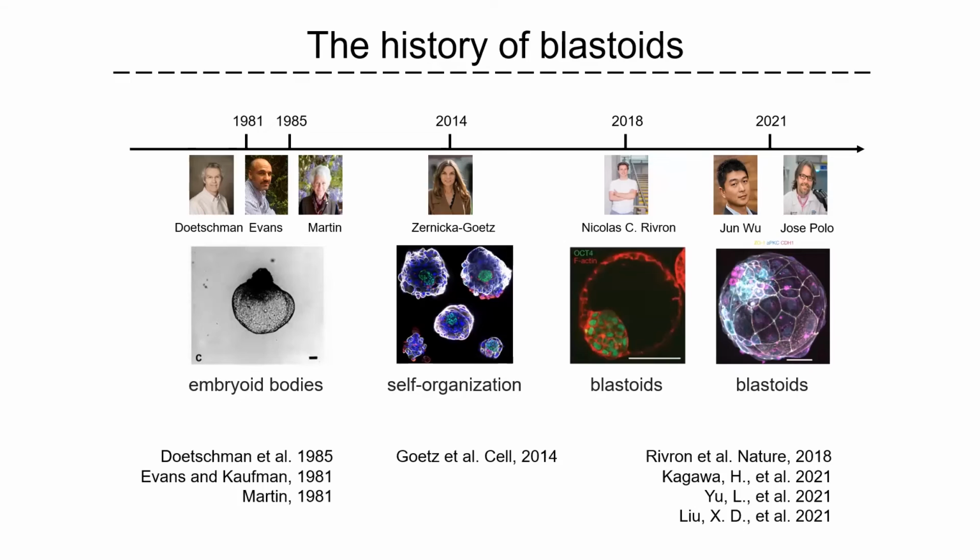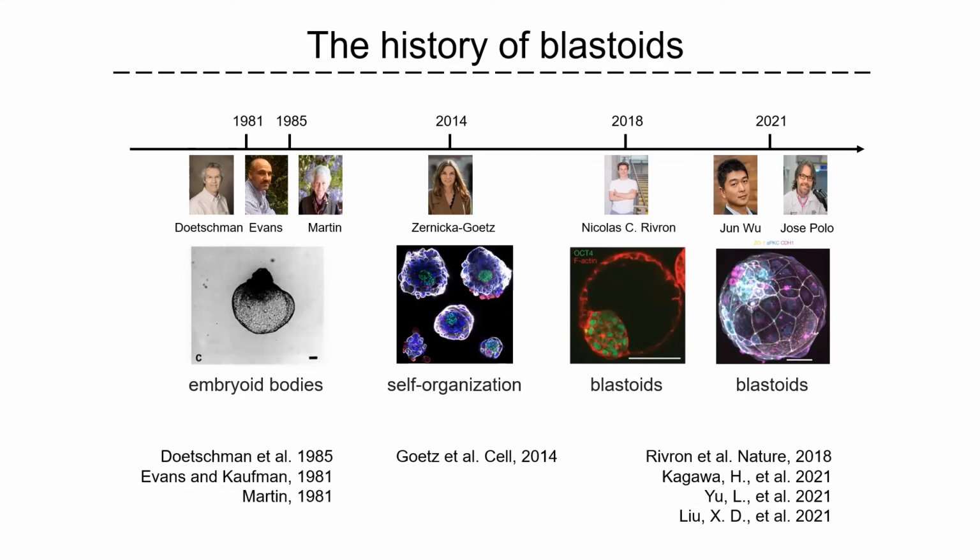Actually, the concept of blastoids has been evolving along with time. Early in the 1980s, Evans and Martin used the first derived mouse embryonic stem cells to form embryoid bodies, termed EBs. This structure is first known to us, showing embryonic stem cells can differentiate into germ lineages within 3D embryoid bodies. Then, a great breakthrough was made by Magdalena Zernicka-Goetz's group.